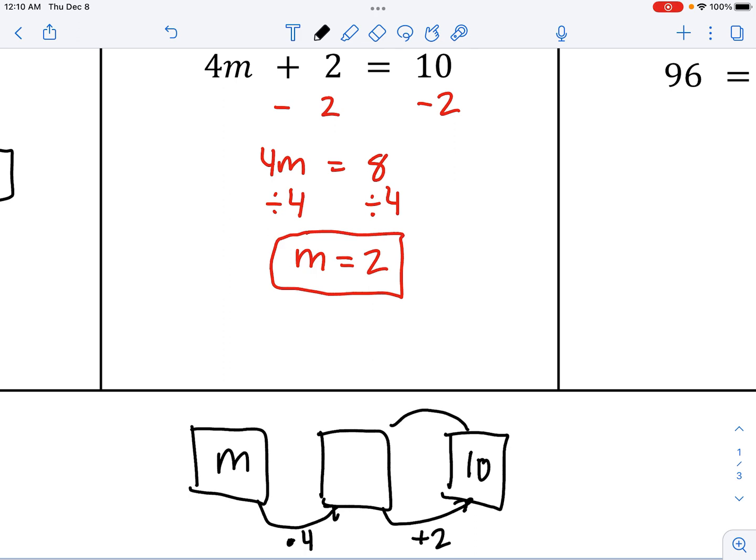So going backwards, we're going to apply inverse operations. We're going to subtract 2. 10 minus 2 is 8. And then we're going to divide by 4. 8 divided by 4 is 2. The same steps as we used algebraically, just written in a slightly different format.